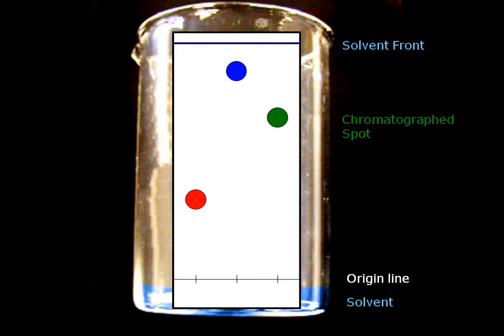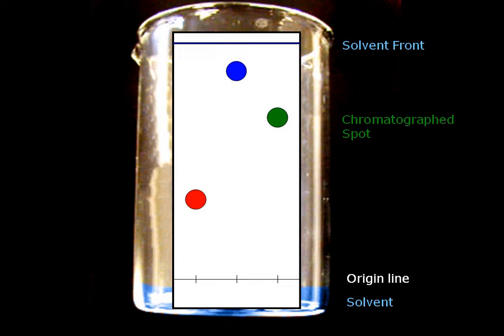So the three spots are easily calculated by RF value. We use a mixture of three types of spots, then we find the exact position.